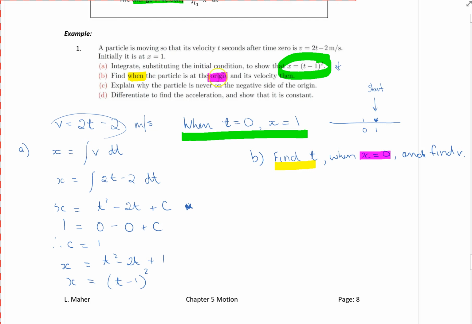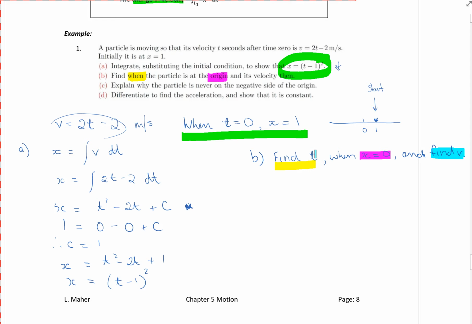So from that statement, the particle is at the origin, mathematically I can interpret that as x is equal to 0. So find t when x is equal to 0, and also find the velocity. So I'll be finding v as well once I've got the value of t.